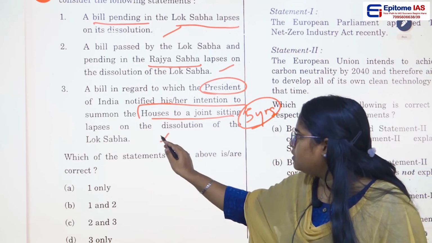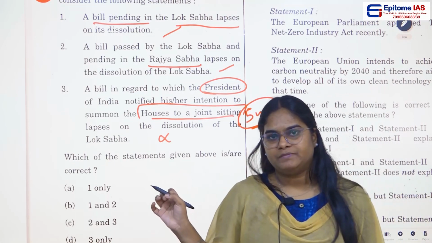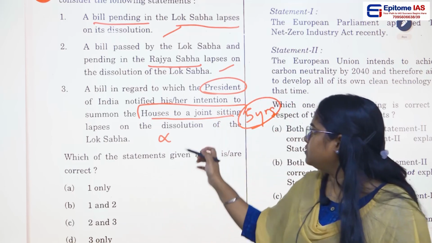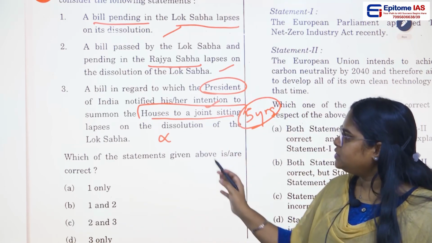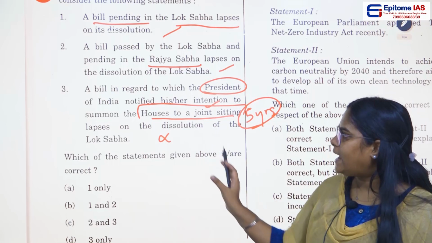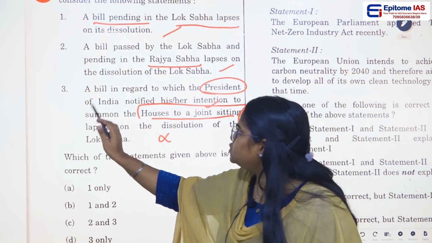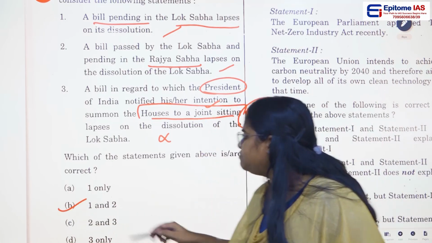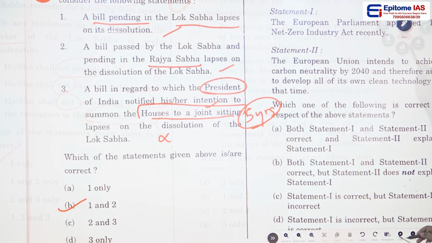No, this is wrong. This particular bill will not lapse. The new Lok Sabha will come, and again the joint sitting will happen. So this statement is wrong. So what is the correct answer? Statements 1 and 2 are correct. That is option B.